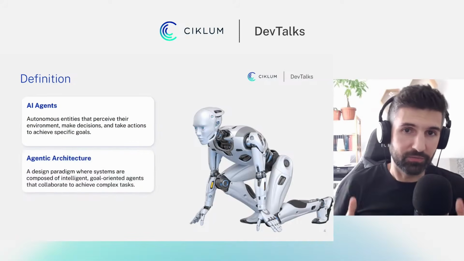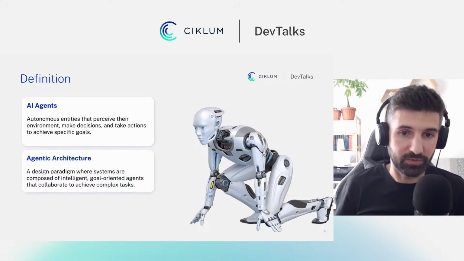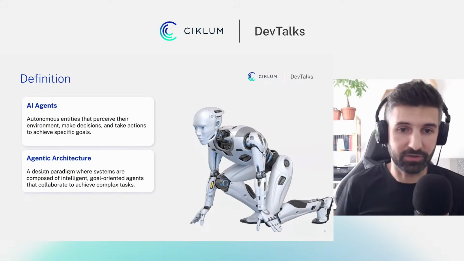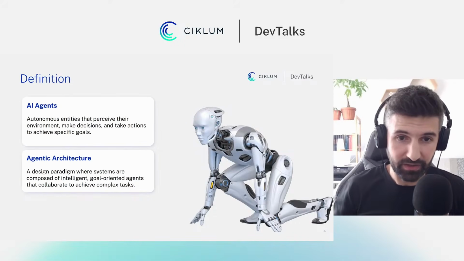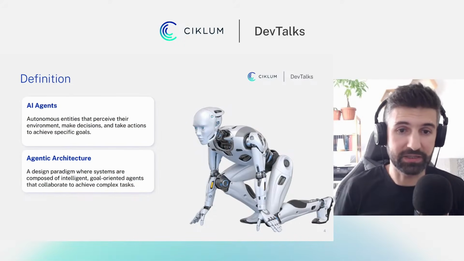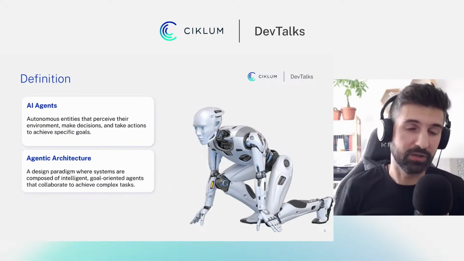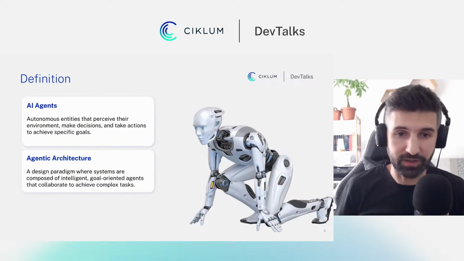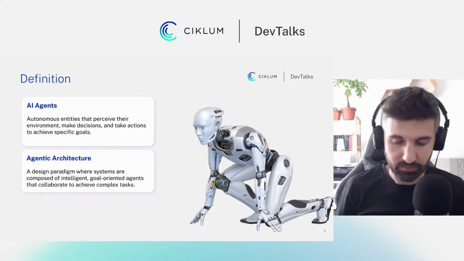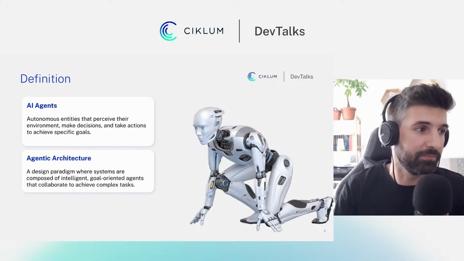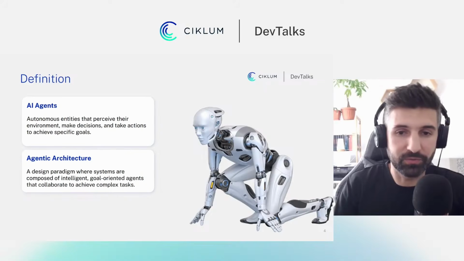Now, if we are to build these agents, we need to follow, of course, some design patterns, which give us the agentic architecture. This agentic architecture basically means a new design paradigm. It's, of course, goal-oriented, as in traditional architecture, but what we are going to explore today is how we build this architecture by following the best practices as we know them today in 2025.